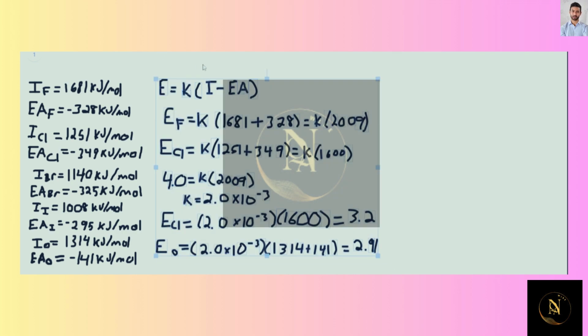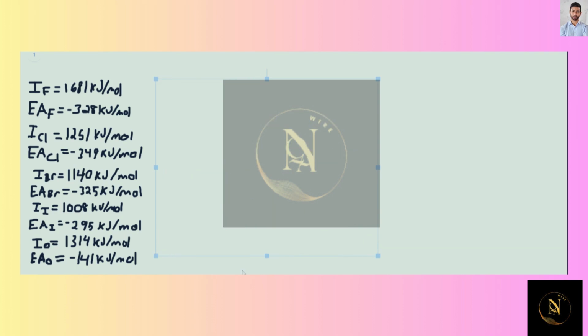So I'm going to just delete this. We can rewrite this as E is equal to C times the average of I plus EA, over 2. So let's get our electronegativities: fluorine, chlorine, bromine, and iodine.